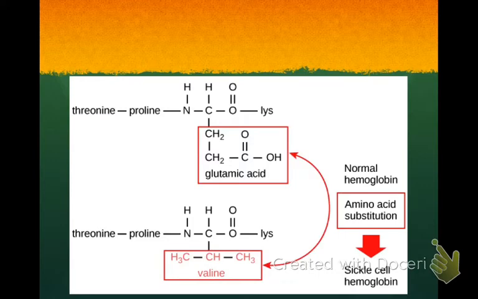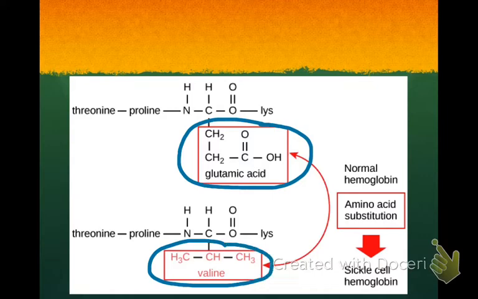And you can see in the top structure that we have glutamic acid, and because of a substitution of glutamic acid with valine, we go from our normal hemoglobin here to our sickle cell hemoglobin here with valine. And this is just one change out of 300 amino acids in that particular chain.